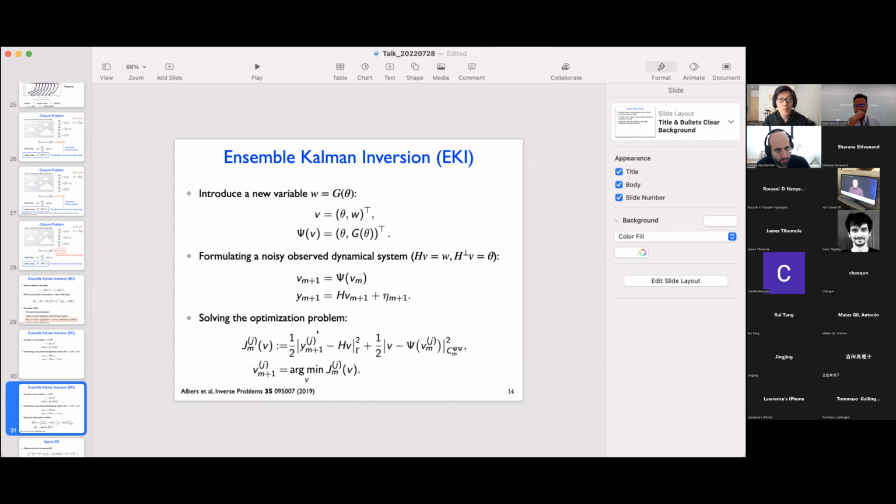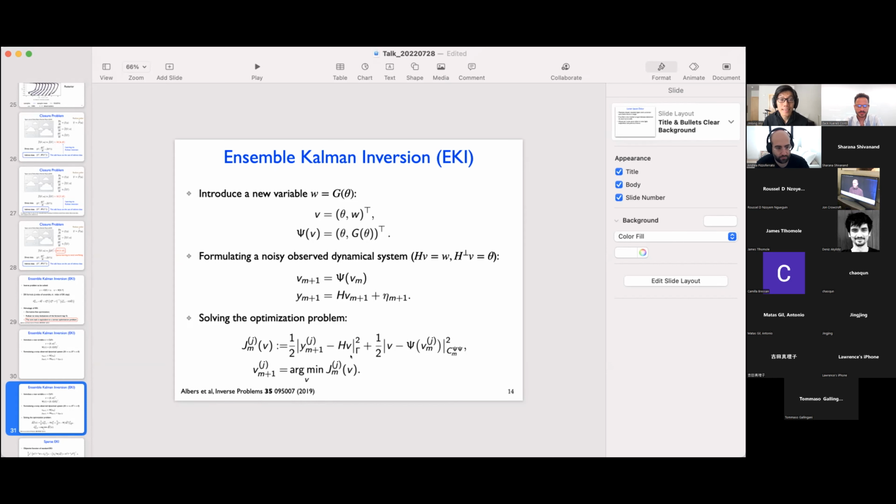In summary, you can think of this optimization problem as the equivalent form of applying the EKI updating formula, which means that if we solve this optimization problem for each EKI step instead, ideally we will get consistent results. But the reason that we introduce it is that we want to further incorporate some constraints.